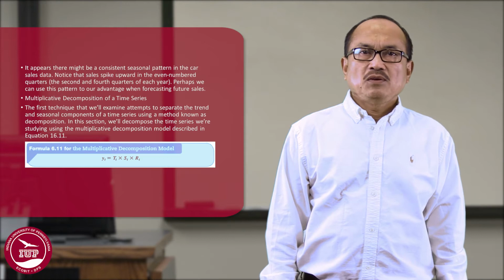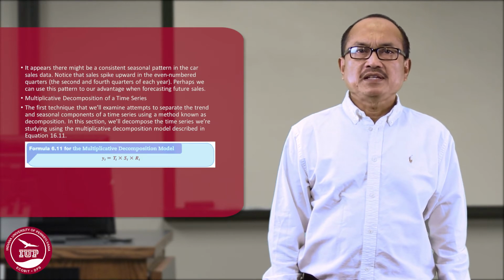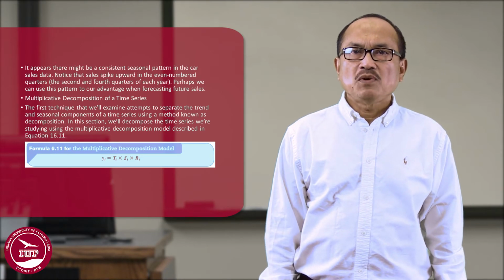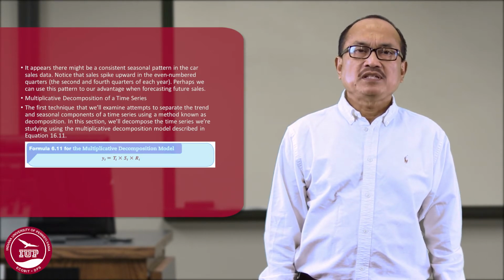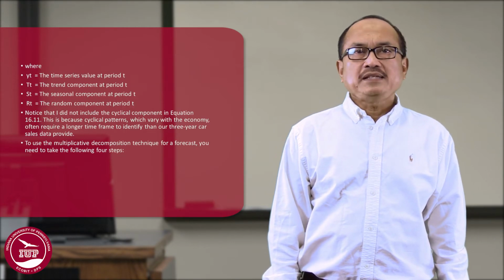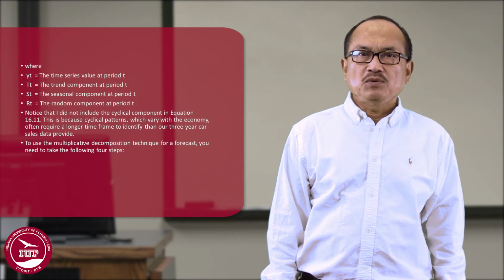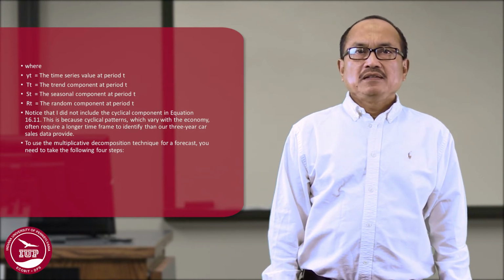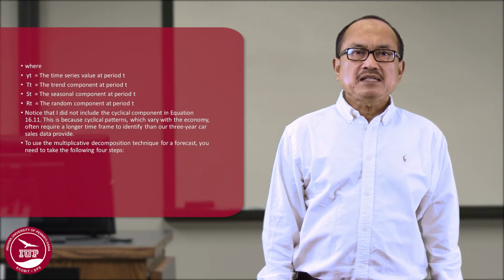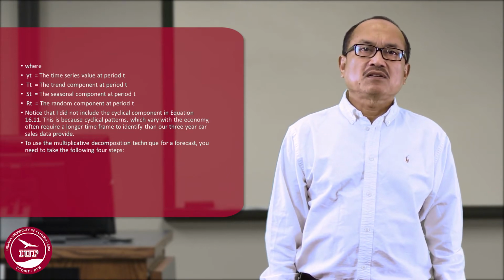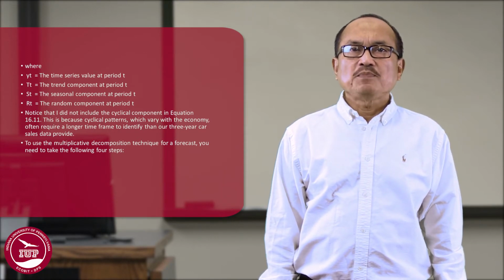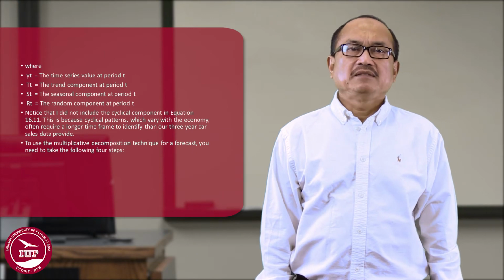In this section, we'll decompose the time series we are studying using the multiplicative decomposition model described in equation 16.11, where yt is the time series value at period t, Tt is the trend component at period t, St is the seasonal component at period t, and Rt is the random component at period t.